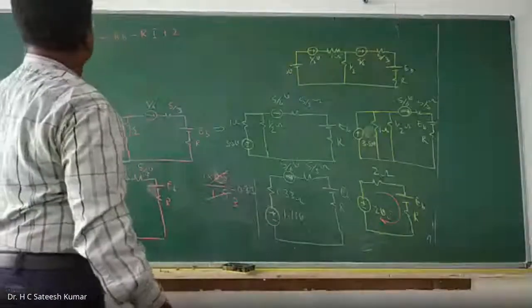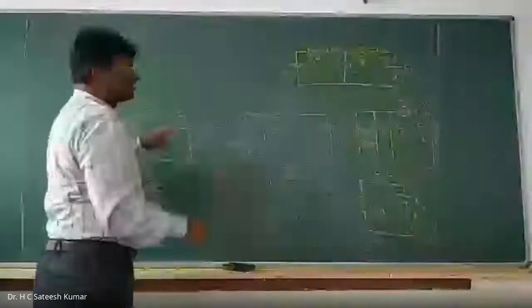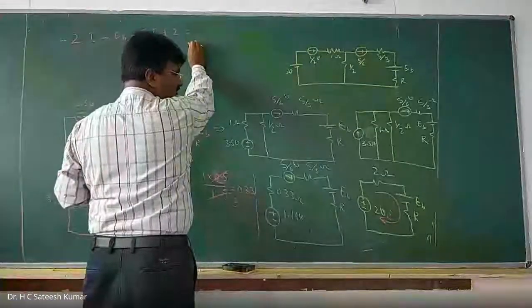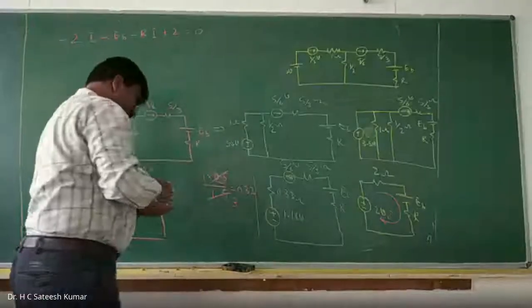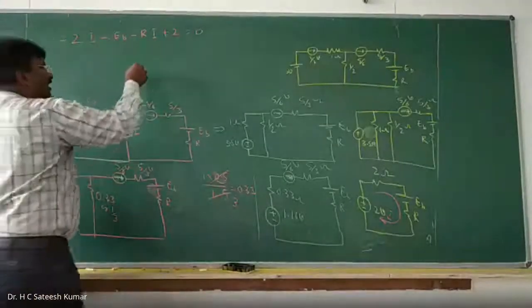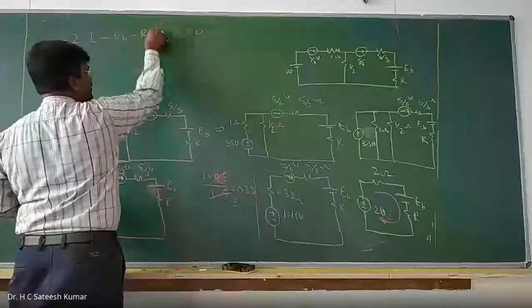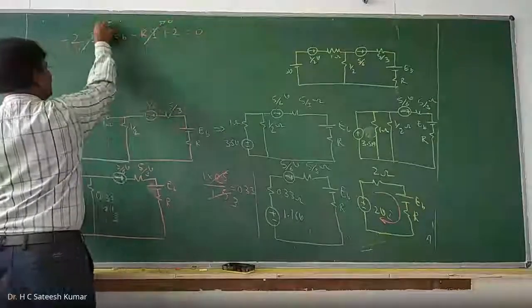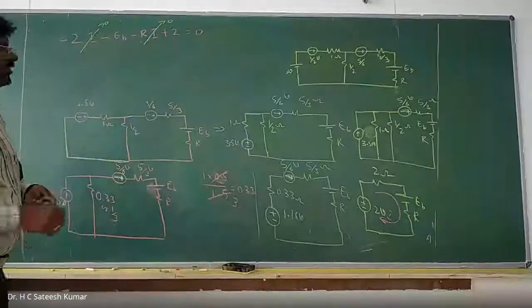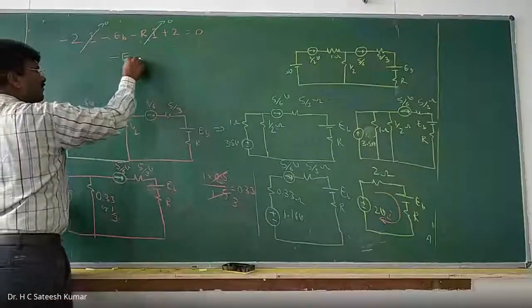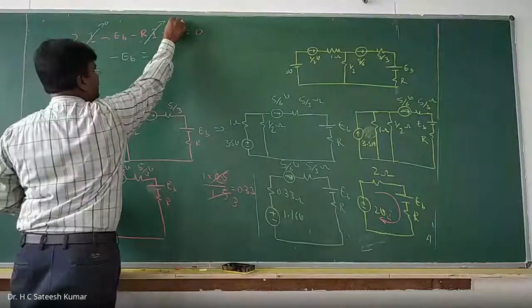We get 4 terms equal to 0. But what is the question? It is given that the current flowing through R is 0. That means I is 0.